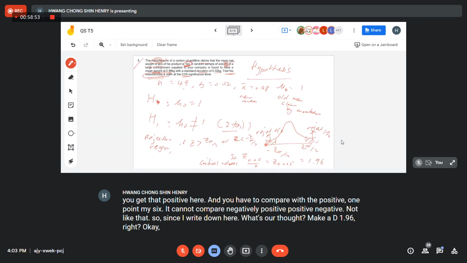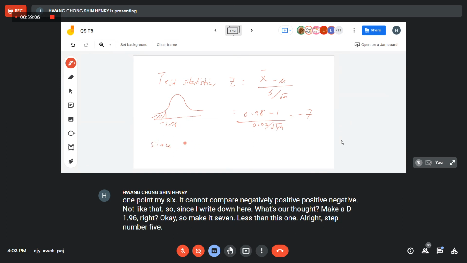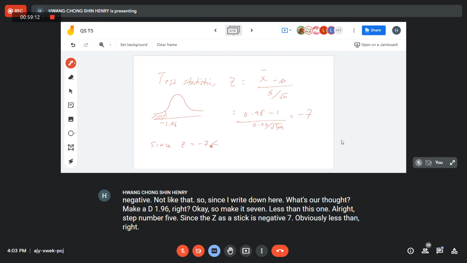Okay, so negative 7 is less than this one. How do you write? Step number 5. Since the Z test statistic is negative 7, obviously less than, right?